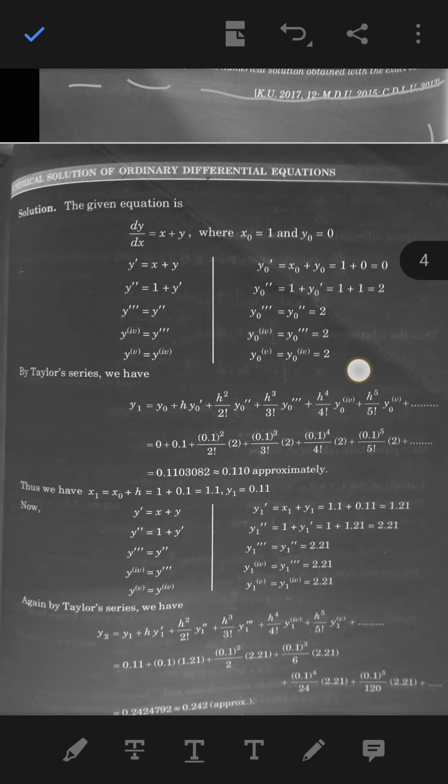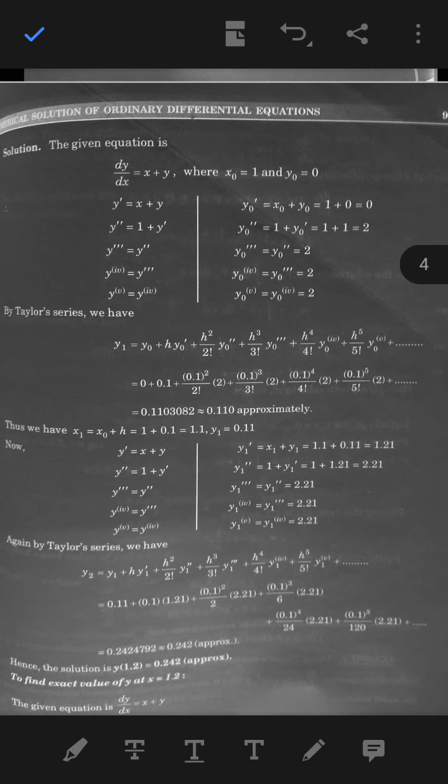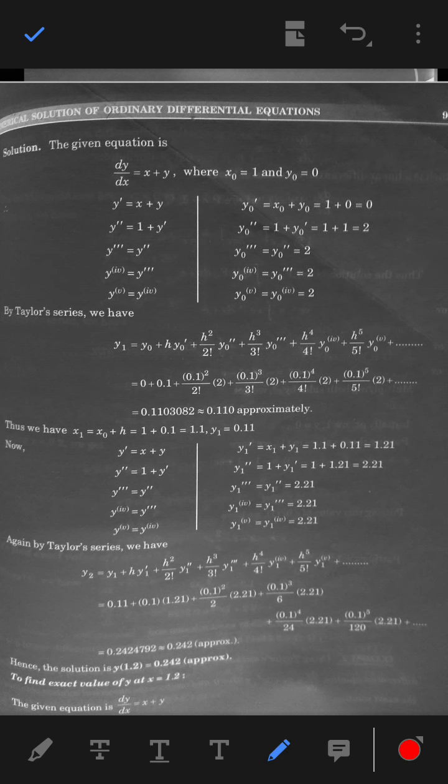Now we write the expression of the Taylor series. The Taylor series is y1 = y0 + h y0' + h²/2! y0'' + h³/3! y0''' + h⁴/4! y0'''' + h⁵/5! y0⁽⁵⁾, and so on.